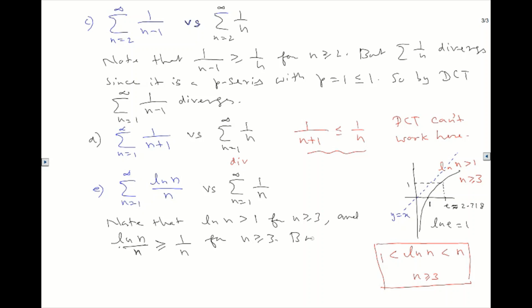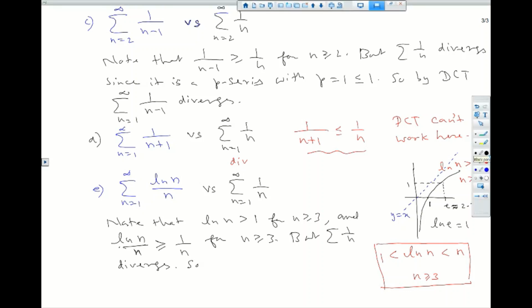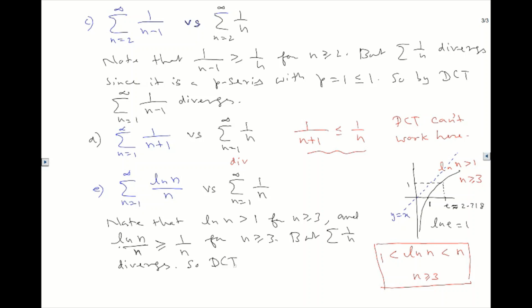But 1 over n diverges. So we simply ignore the first two terms, and by the direct comparison test, we know that the smaller one diverges, so the larger one has to diverge.